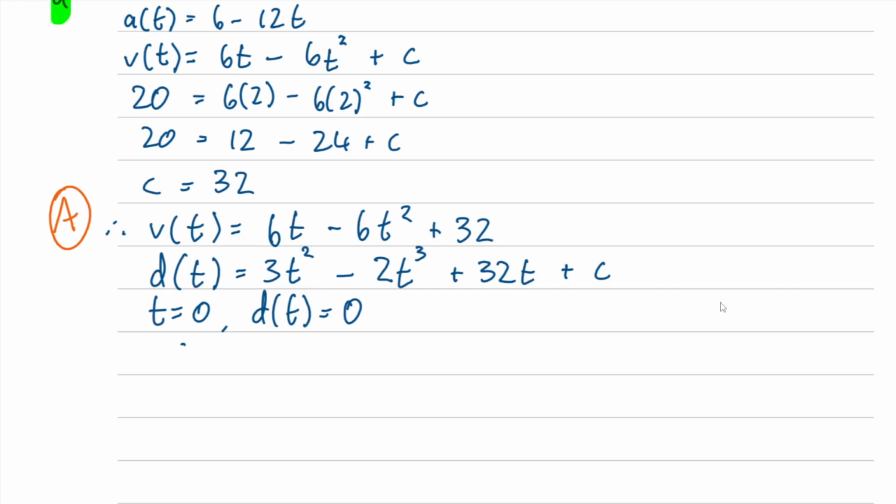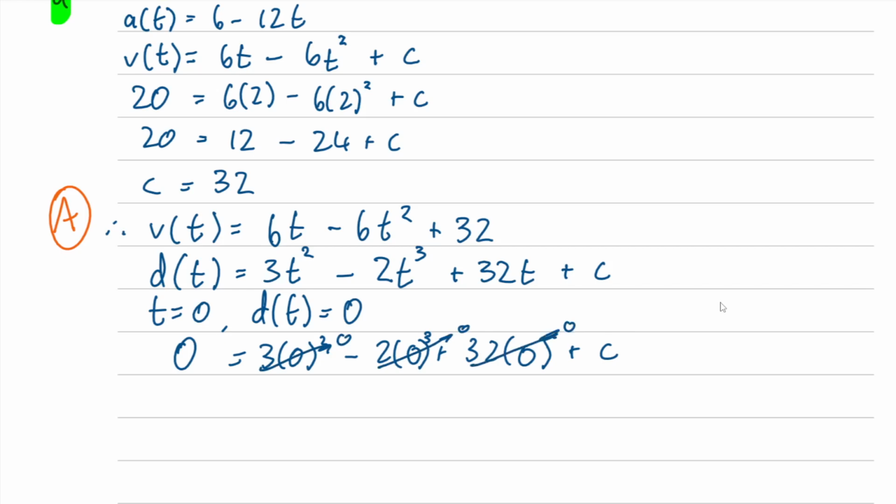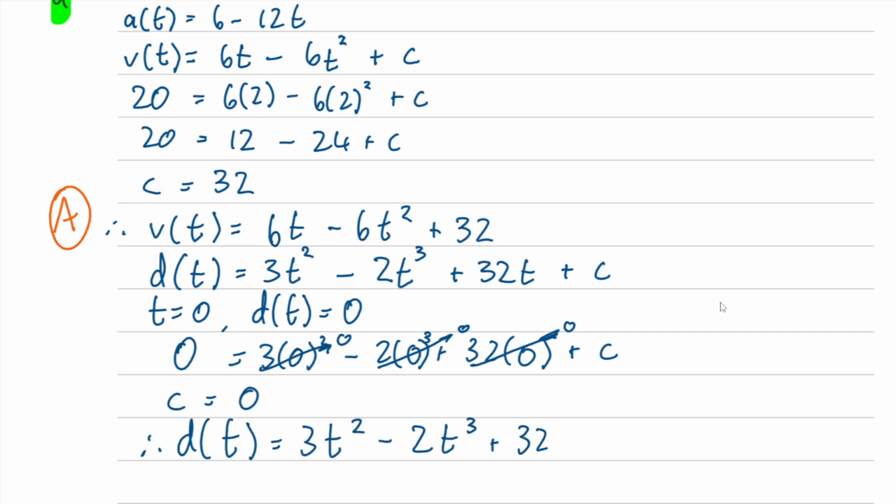What that means for us is when distance is 0, time is 0, which, as you can see, since all of the terms other than c go to 0, c equals 0. Therefore, our distance equation is exactly what we had, except c is 0, so plus 0, or we just don't need to write that.